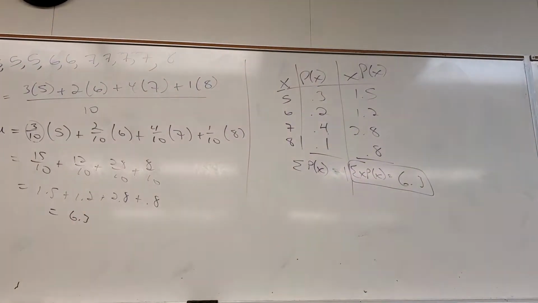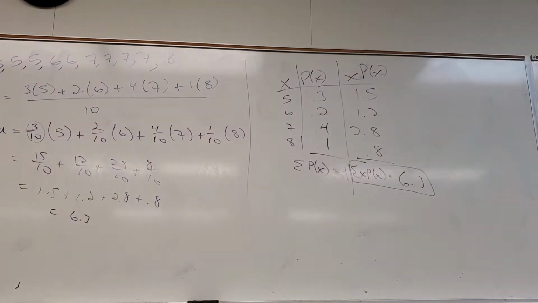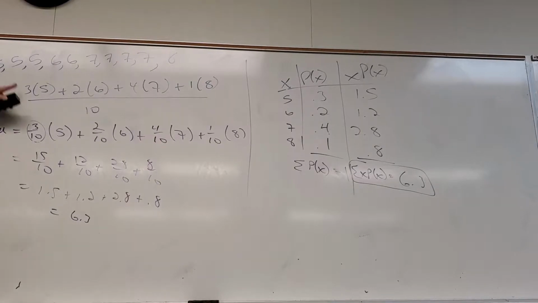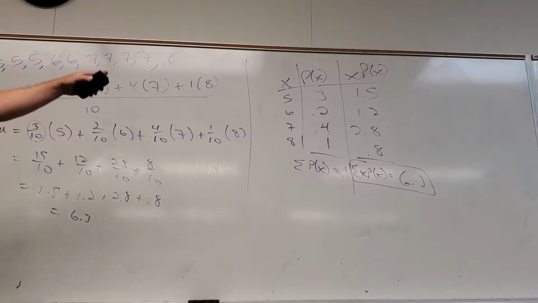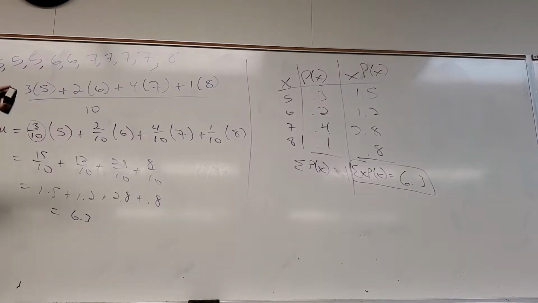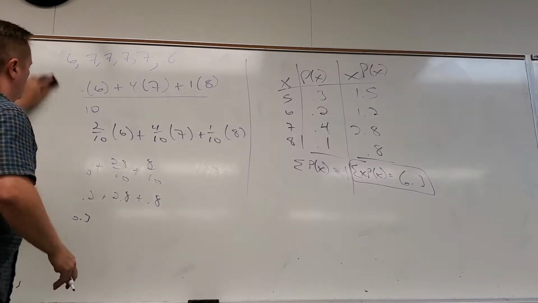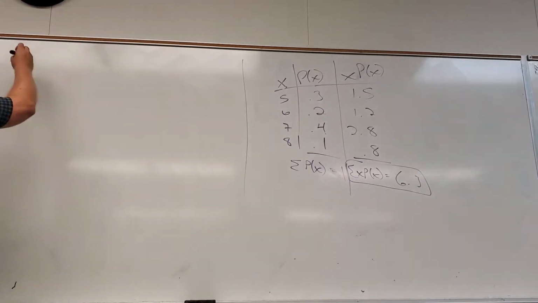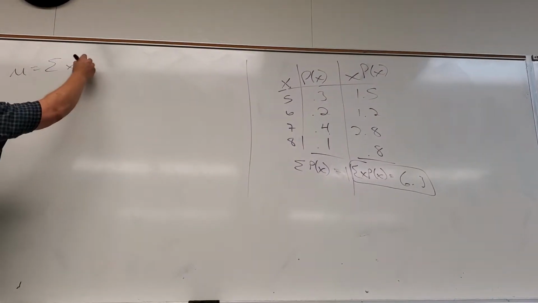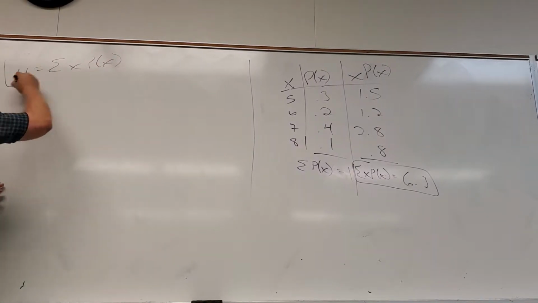So there's our first formula that we're actually going to use for real, not this stuff. This was why that works. That's the thing in operation. So our formula for the mean is sum of x p of x. Bam!